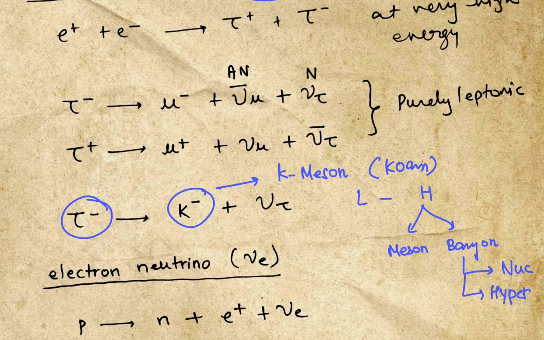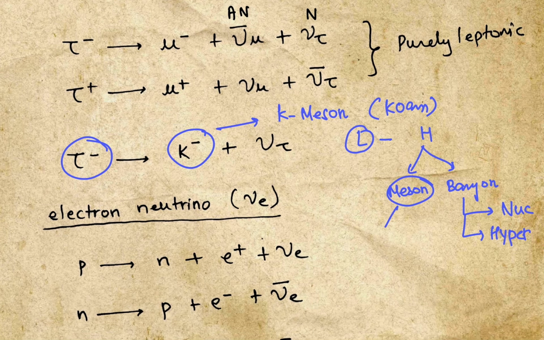Okay, we have done the leptons classification and we are into details of the decay and the formation process. And for meson, we have three things. Basically, we know that it is pion, with the pi sign, then kaon with k sign, and then eta meson, with eta sign. That is it.